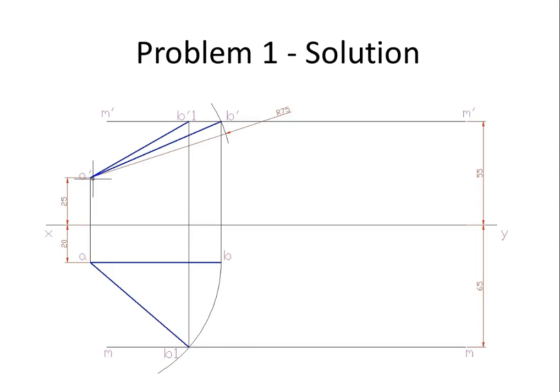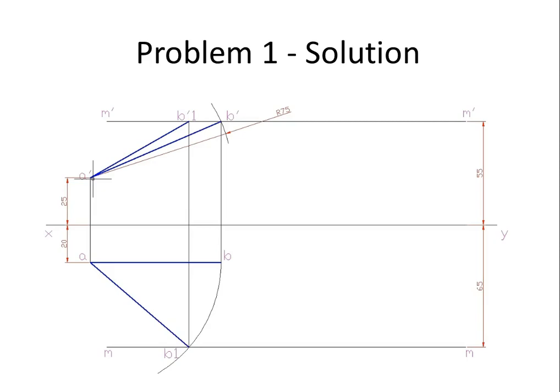So what we have done here, we have started by positioning points A dash and A from XY based on the distances given as 25 and 20. Then we proceeded by taking 75 mm, which is a true length, and cutting that arc on the locus M dash M dash.